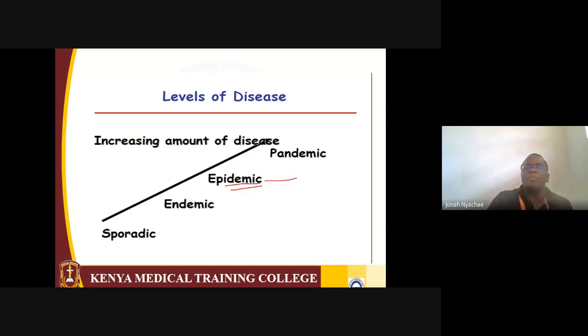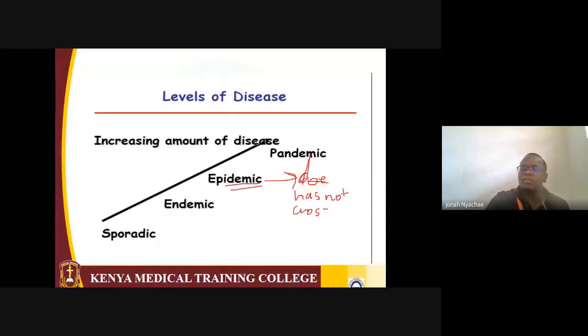Epidemic. So an epidemic has gone beyond the geographical boundary, but it is limited within a particular country. It has not crossed borders. So when a disease is an epidemic, it has not crossed the border.